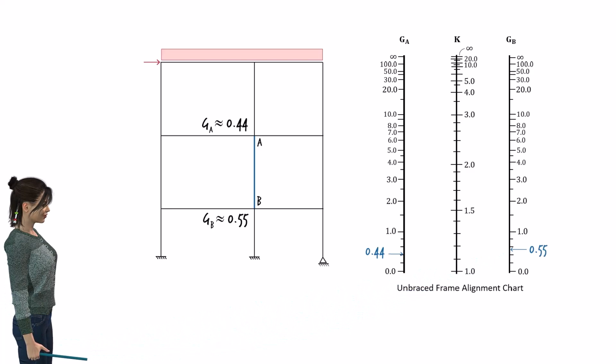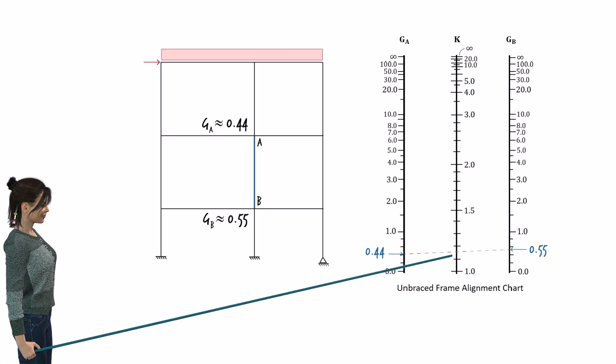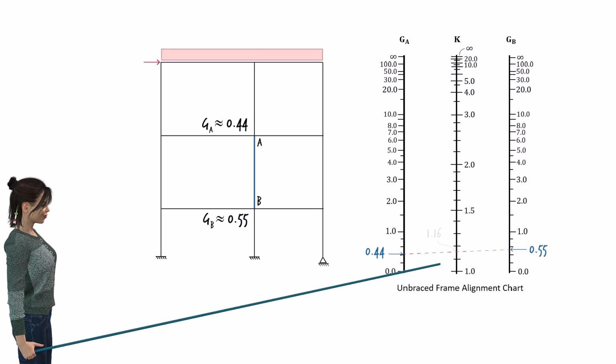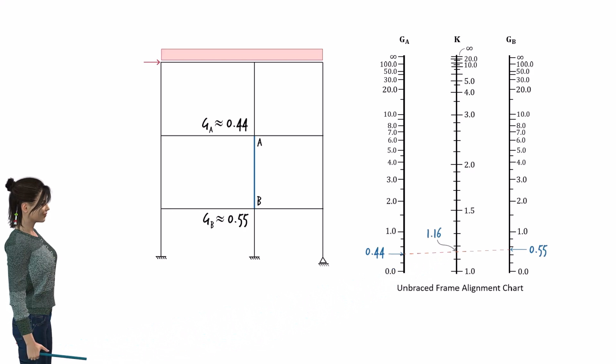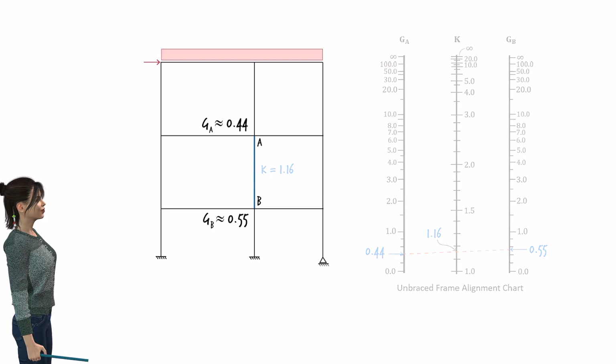Next, we connect these 2 points using a straight line. The line intersects the K-axis. The point of intersection gives us the value for K. So, according to the alignment chart, the effective length factor for column AB is 1.16.